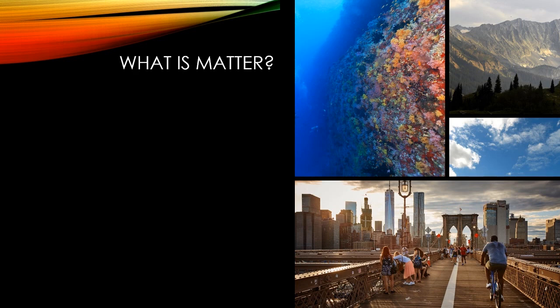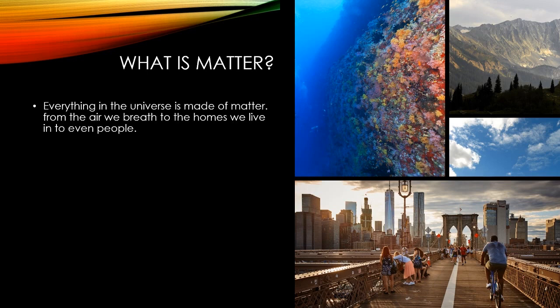Everything, realistically, that you encounter: people, animals, trees, mountains, the earth itself, the homes you live in, coral reefs, the oceans, the air we breathe, all of these things that you can pretty much imagine are matter. Matter is anything that takes up space and has mass. Those are the two key qualifiers that make something matter.